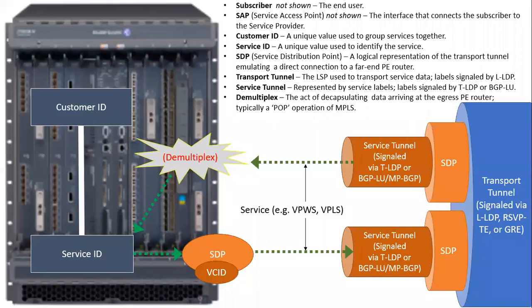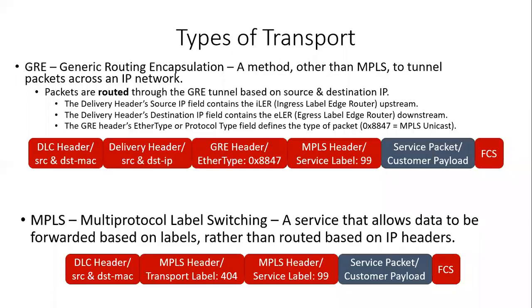So going back, we talked about demultiplexing as decapsulating data arriving at the egress PE router. Well, multiplexing would be encapsulating data arriving at the ingress PE router. So first, the service label is pushed onto it, and then the transport label is pushed on top of that service label.